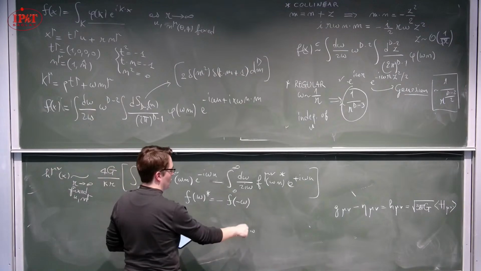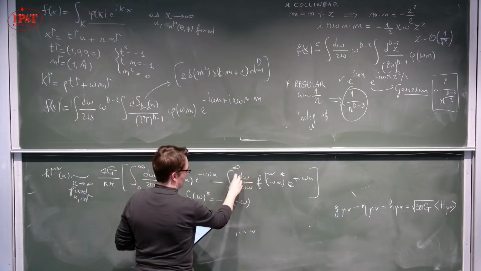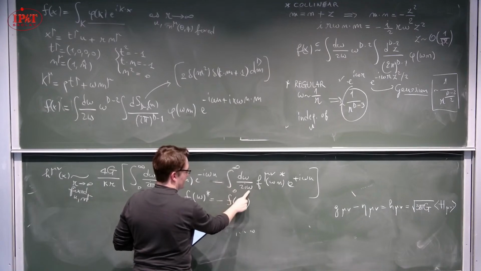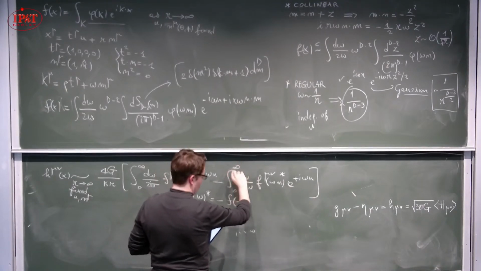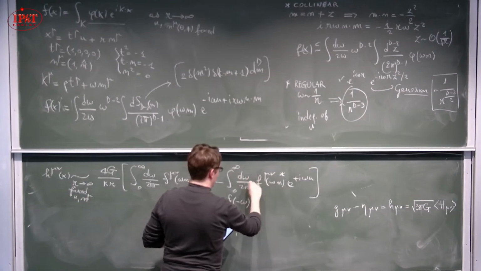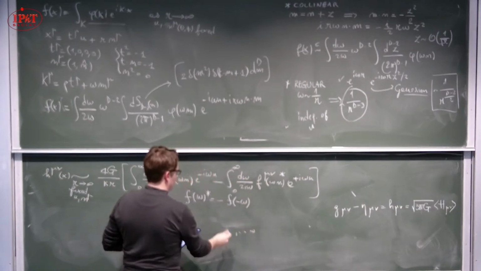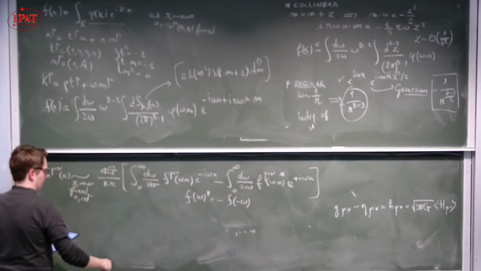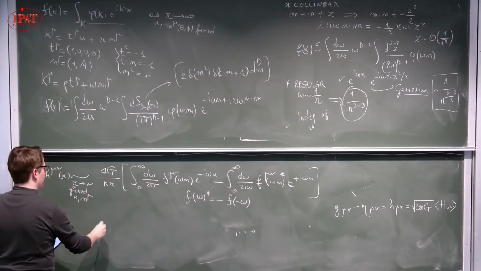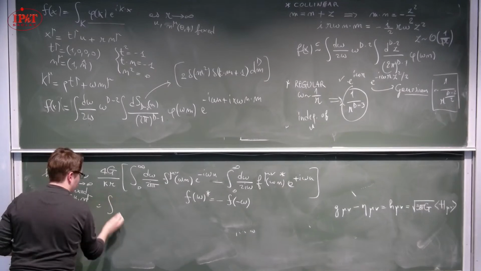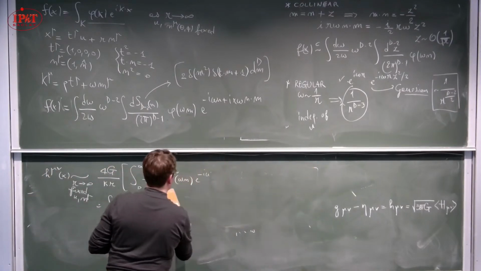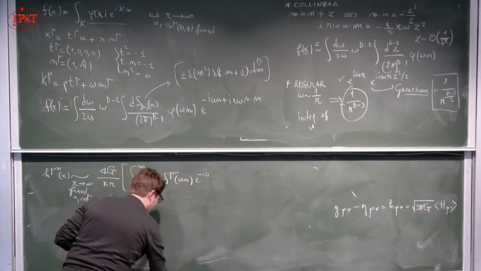Because if you change omega to minus omega here, the measure doesn't change. You get an extra minus sign from the explicit omega. Of course, you have to flip the integration end, and thanks to this property, this becomes f of omega. So what I'm trying to say is that this is just a single integral from minus infinity to plus infinity.